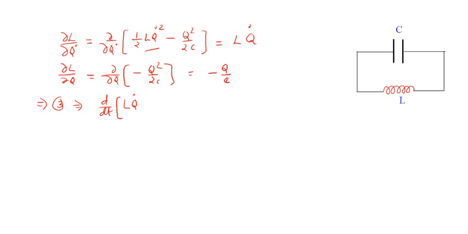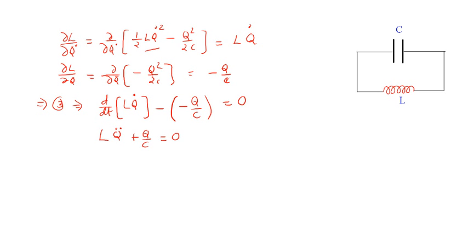L is a constant, so L into q double dot plus q by C is equal to 0. Divide by L throughout and rearrange, which gives q double dot plus 1 by LC into q is equal to 0.